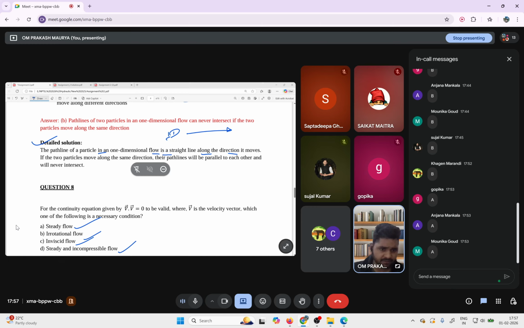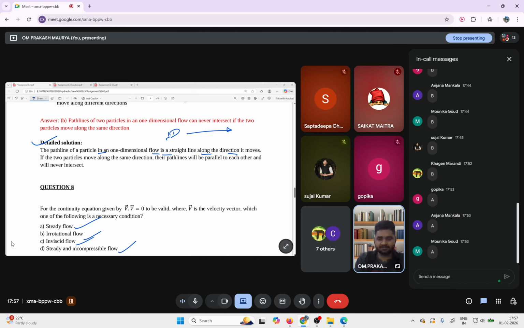Please try first. You have to try and think for the continuity equation given here. You have to understand first the meaning of the del operator, what it is indicating.